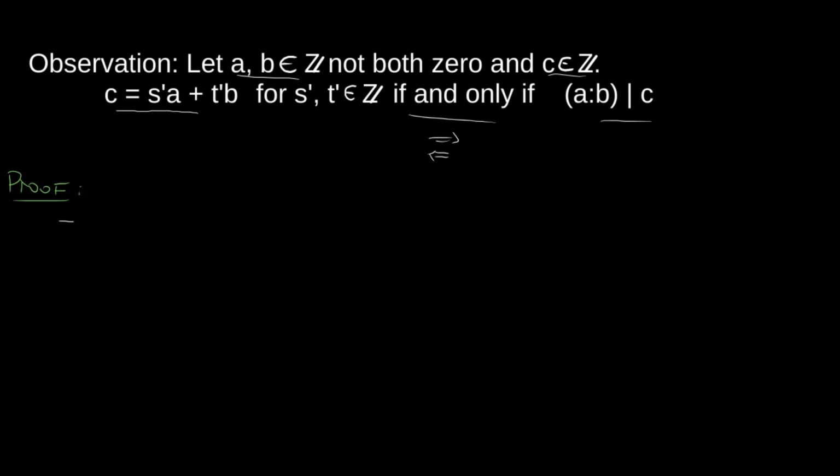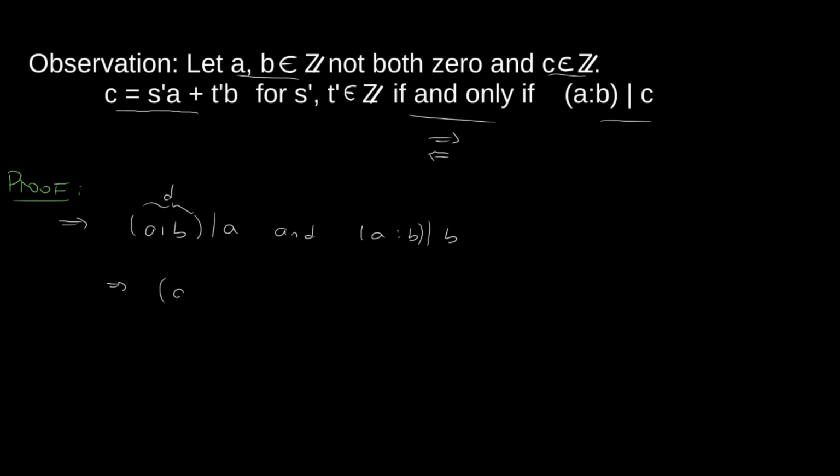First, let's prove that if we can write c as a linear combination between a and b, then the greatest common divisor between a and b divides c. So what we know about the greatest common divisor is that it divides a and it divides b. And what we saw in the videos of divisibility is that if we had something like this, then this number d would divide any linear combination between a and b.